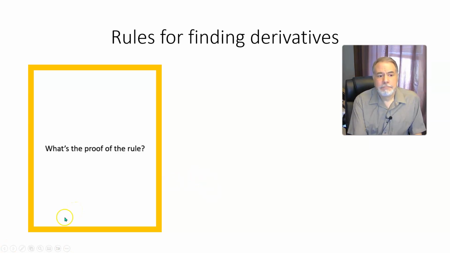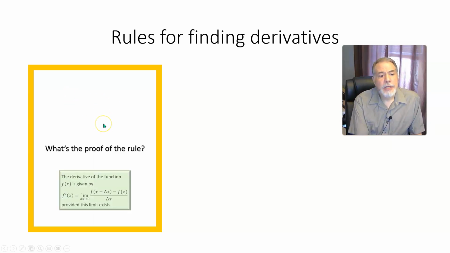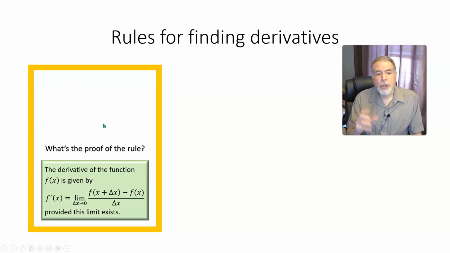So if you don't care about that, you can safely ignore or skip the parts of this video that have the yellow border. But I am going to try to make them as simple and enlightening as possible. But to understand the proofs, you will have to understand the definition of the derivative that I presented in that previous video.